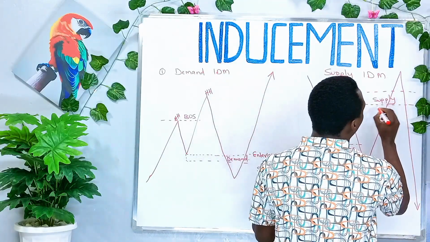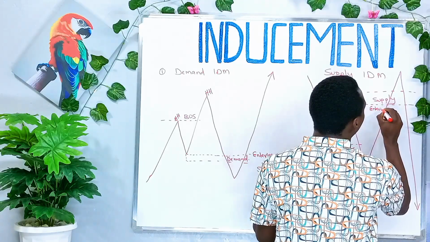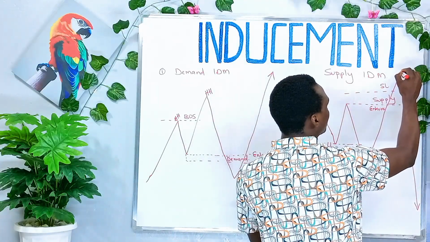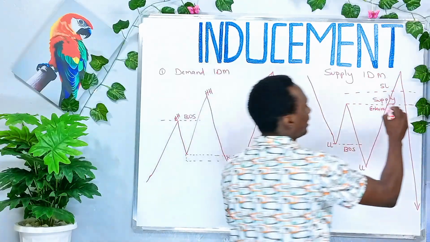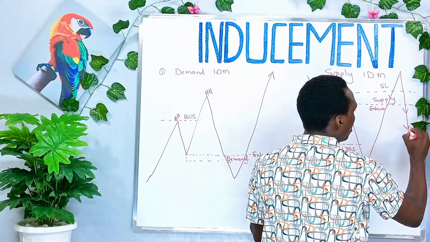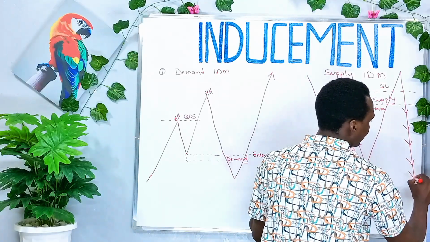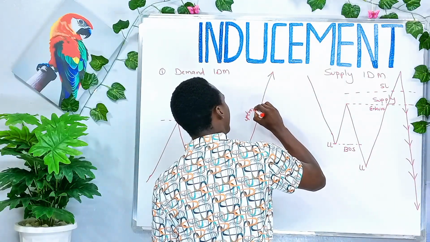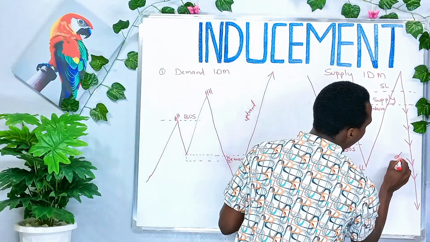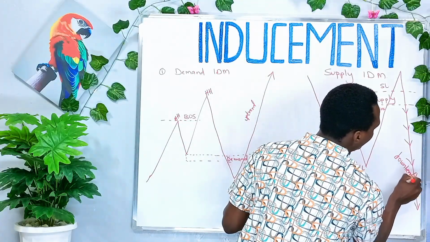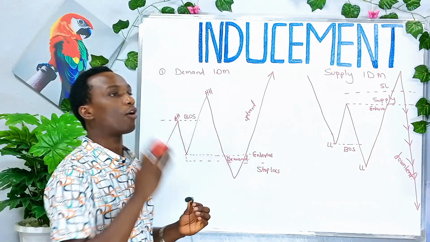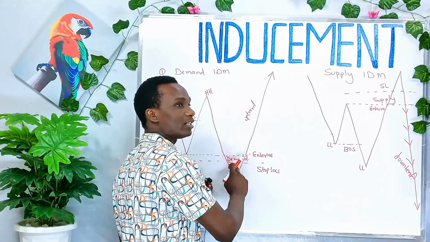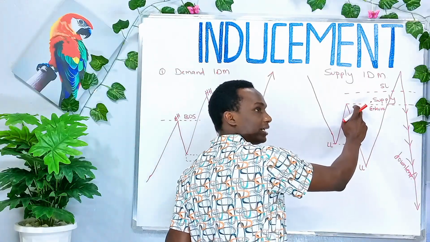Remember, those people who had put their entries here and their stop losses above the supply zone have been taken out using this wick or candle, and we are now creating lower lows and lower highs, in a downtrend. So here we are in an uptrend, and here we are in a downtrend. This type of inducement happens when the price reverses from key demand zones and key supply zones.